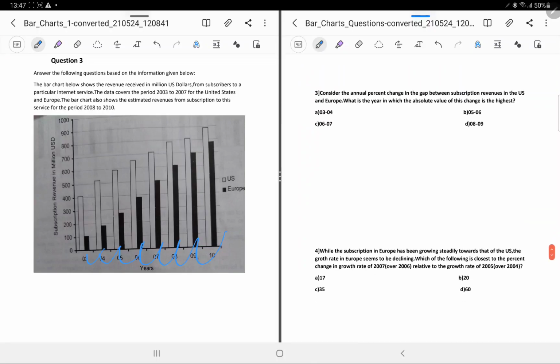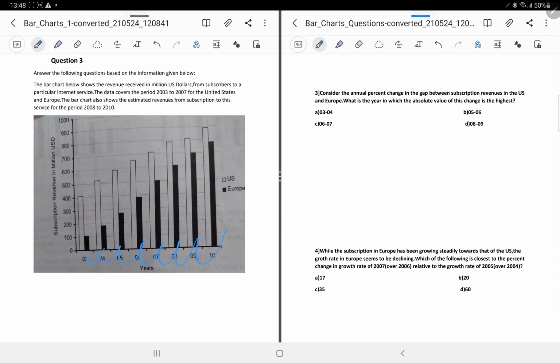Consider the annual percentage change in the gap between subscription revenues in the US and the Europe.